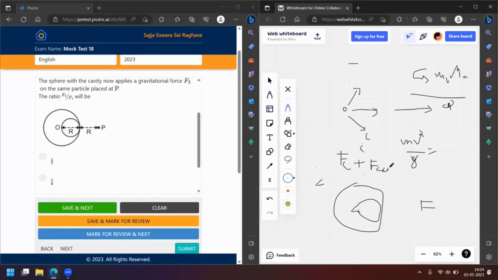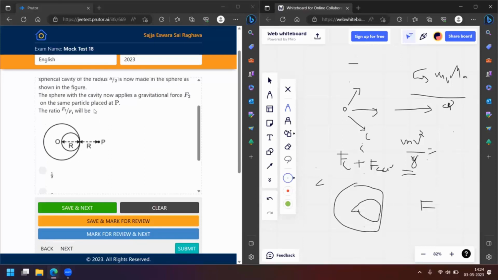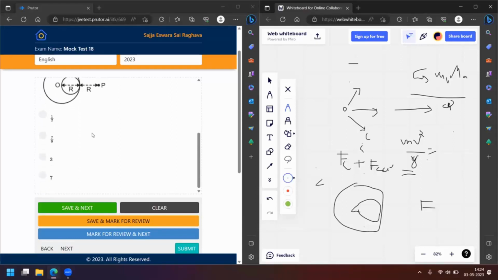This can be found by the formula: the complete resultant force can be found, and also the force due to the cavity can be found. So we can just take F2 as the force of the complete sphere minus the force of the cavity. So we can find this value.